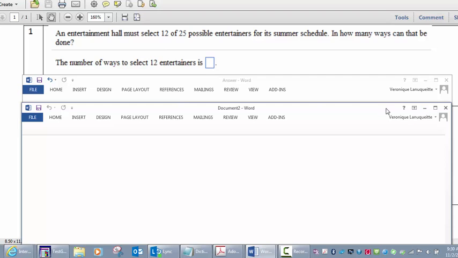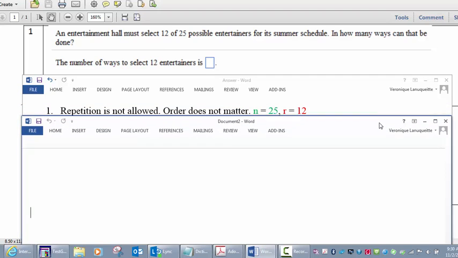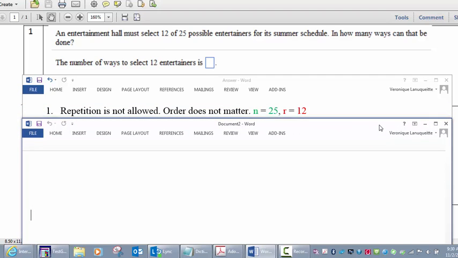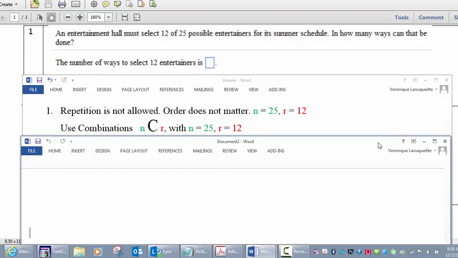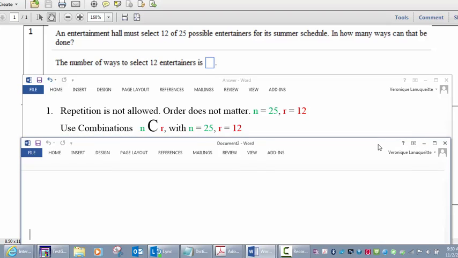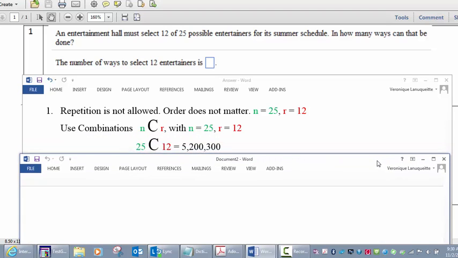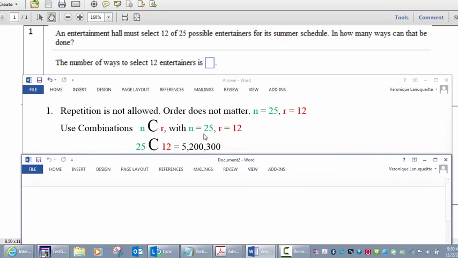Let's take a look at my answer for this problem. Repetition is not allowed, order does not matter, n is 25, r is 12. So we know we need to use combinations. With all those clues, we are going to use nCr, with n being replaced by 25 and r being replaced by 12. Instead of n, we put 25. Instead of r, we put 12.